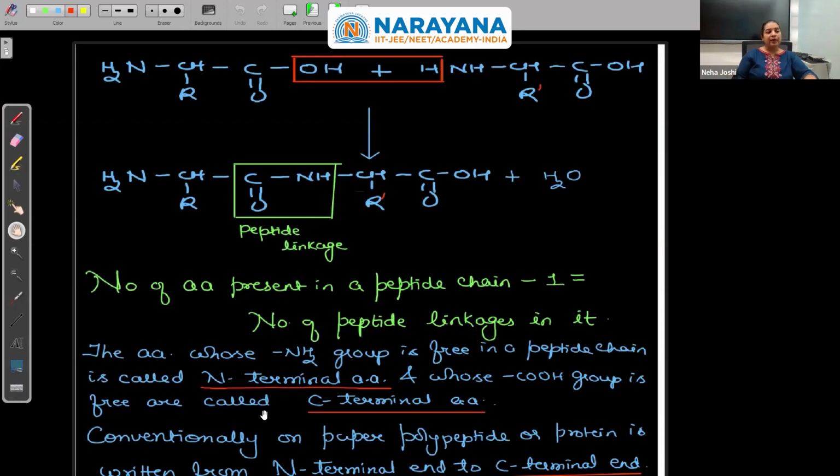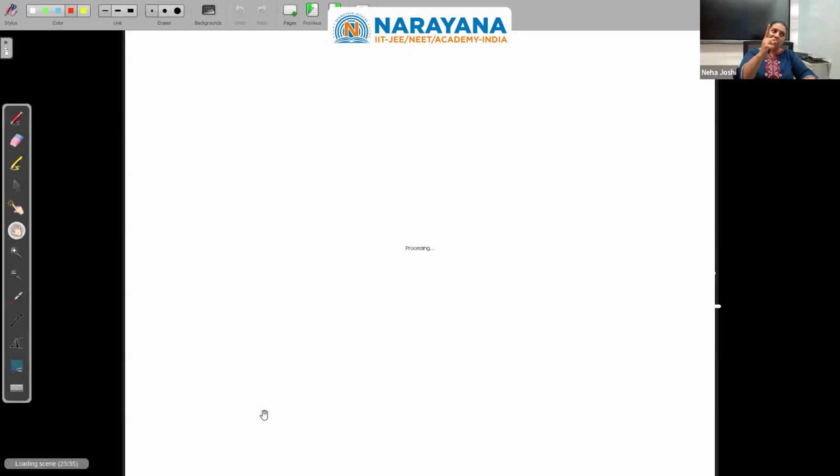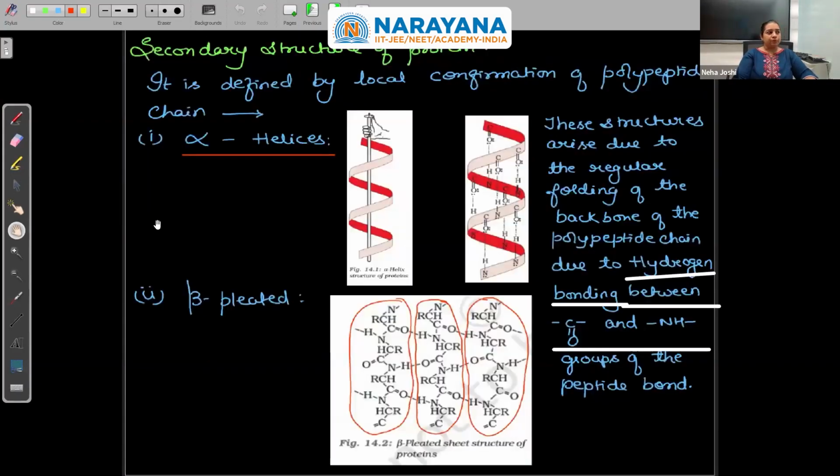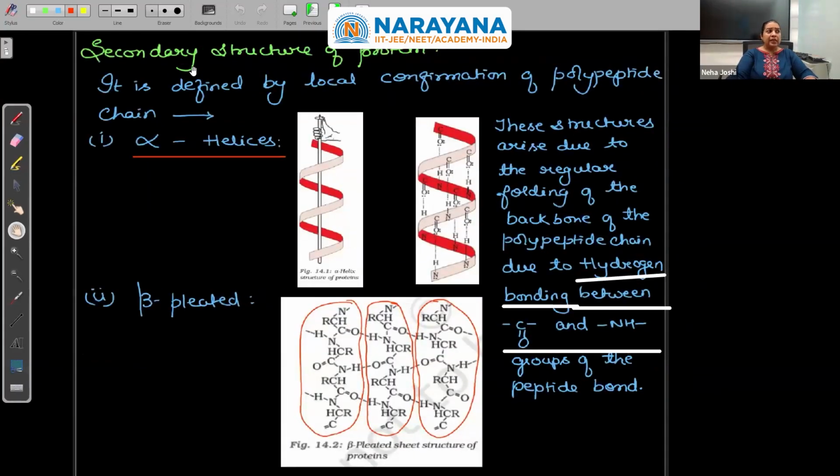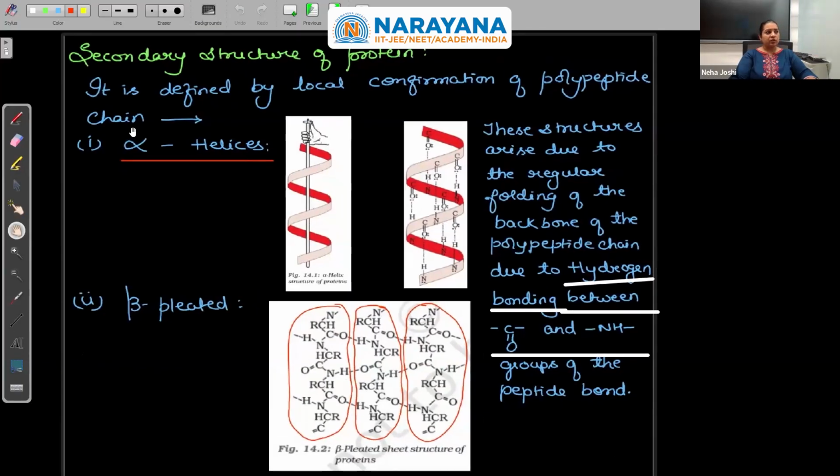So the number of peptide linkages is always number of amino acids minus 1. That is fixed. And 1 peptide linkage loses 1 water when it is formed. If I want to go back by hydrolysis and get amino acids, then 1 peptide linkage will need 1 water molecule. Clear?